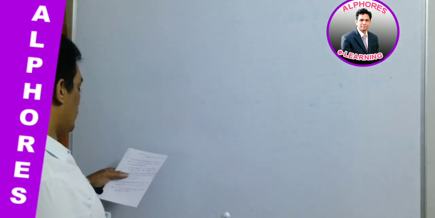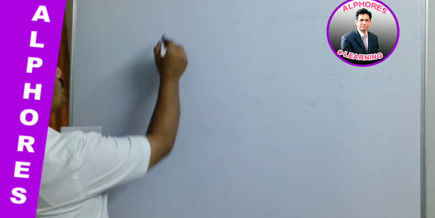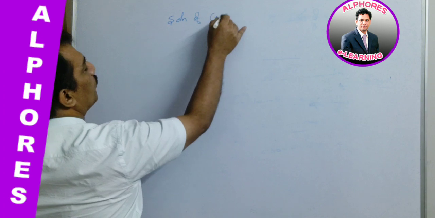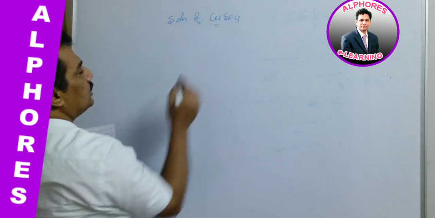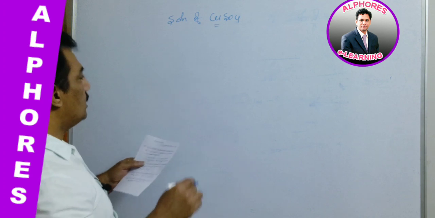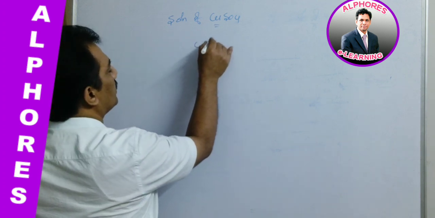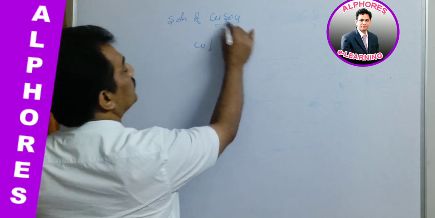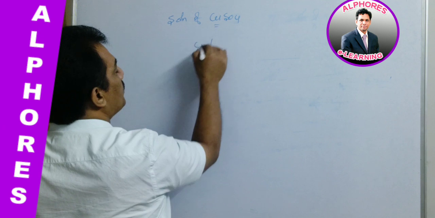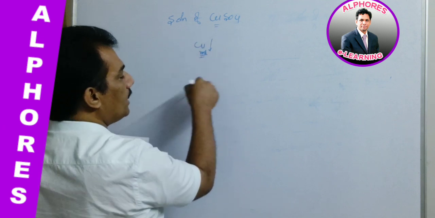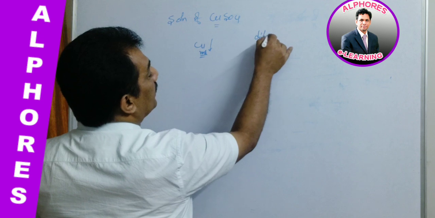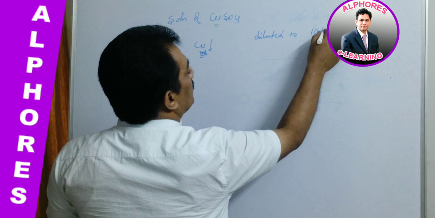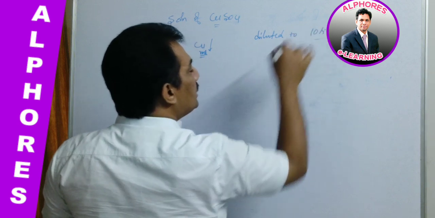That is, if the solution of CuSO4 in which copper rod is dipped, copper rod is immersed or dipped, is diluted to 10 times.